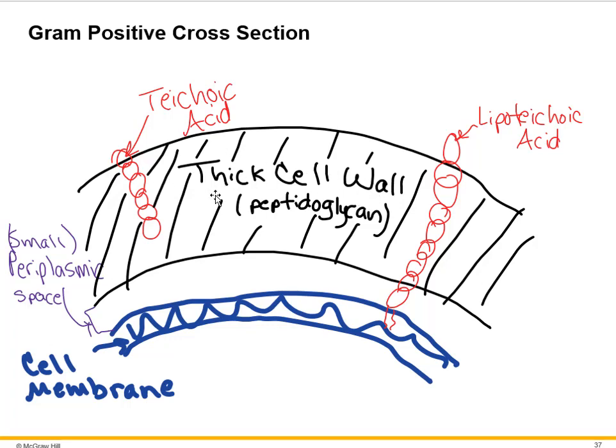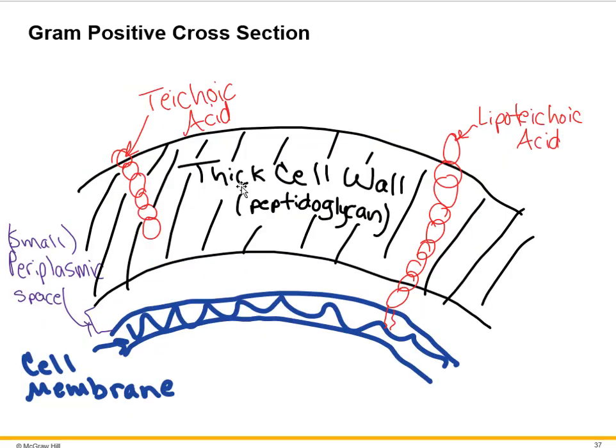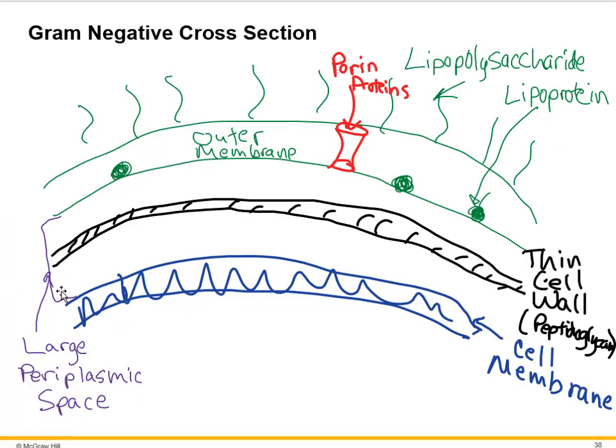Thick cell wall in gram-positive, thin cell wall in gram-negative. In gram-negative, you have an outer membrane with lipopolysaccharides, lipoproteins, and porin proteins, and you do not have that in gram-positive cell wall. You have a small periplasmic space in gram-positives. You have a large periplasmic space in gram-negative. So those are some differences.